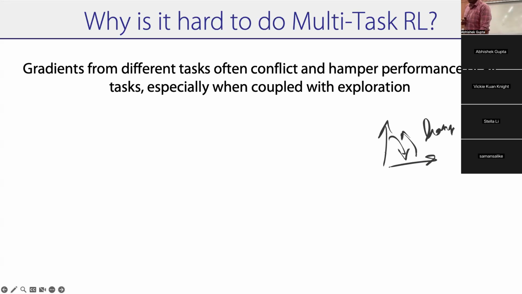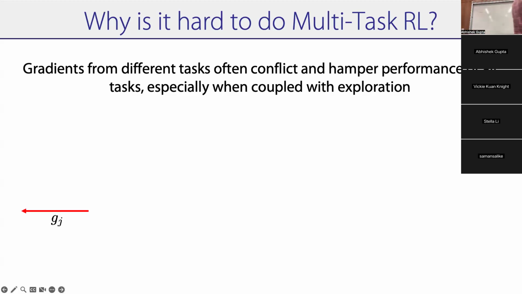The primary cause that we think, I wouldn't say it's 100% identified, is that when you have multiple tasks whose objectives might be conflicting with each other, the optimization landscape doesn't reach an optimum with stochastic gradients in practice, right? Pictorially, it looks something like this. You'll have some task Gj and another task Gi.